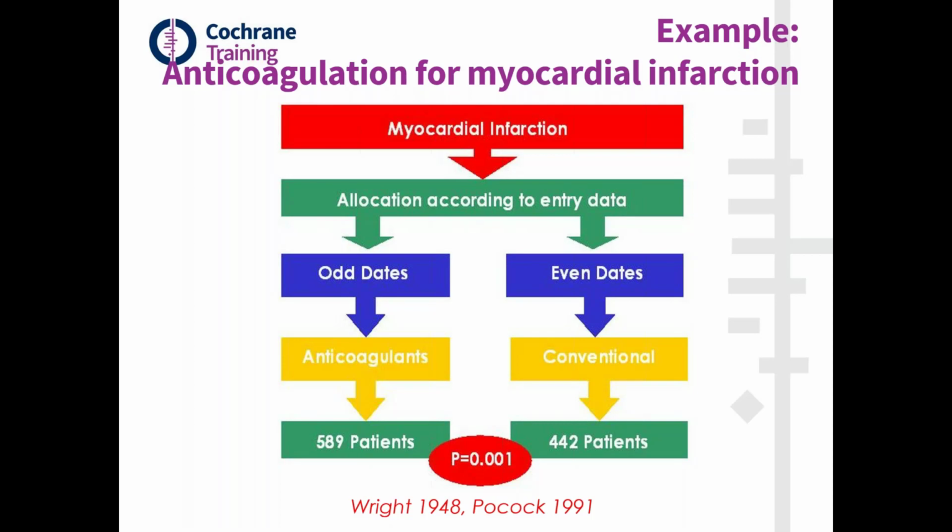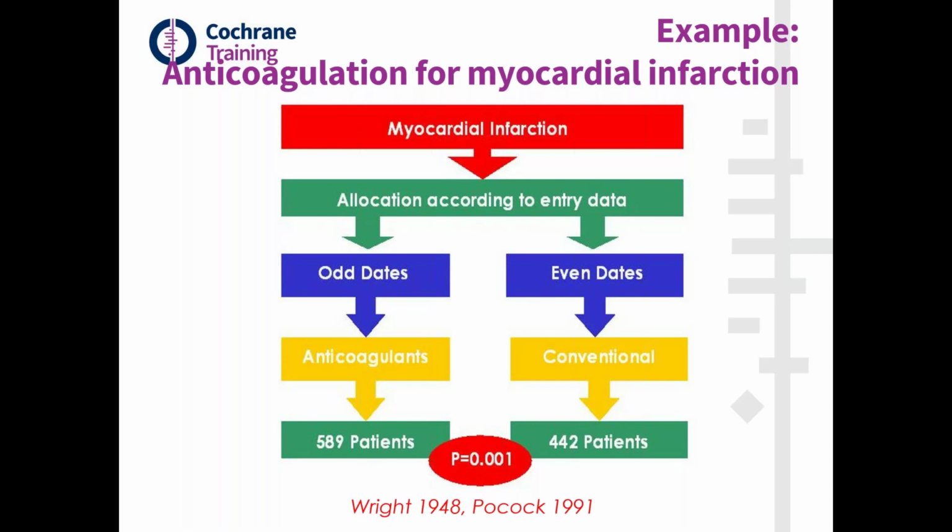But as you can see here, there were 589 patients in the anticoagulant group and 442 patients in the conventional treatment group. So what I would like you to think about is, what do you think is the likely reason for these unbalanced numbers?